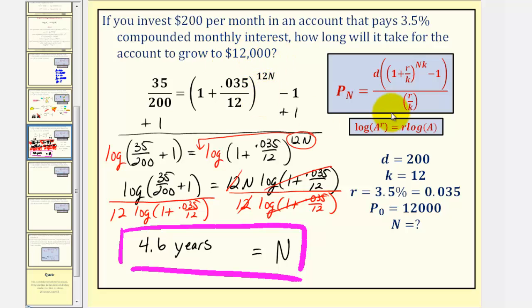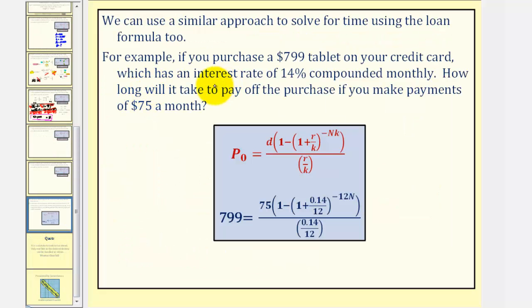Now this example was for an annuity, but the process would be the same if we used a loan formula, even though the equation would look a little bit different. So before we go, let's at least set one up that involves the loan formula. For example, if you purchase a $799 tablet on your credit card, which has an interest rate of 14% compounded monthly, how long will it take for you to pay off the purchase if you make payments of $75 a month?